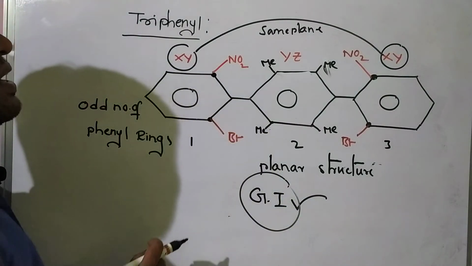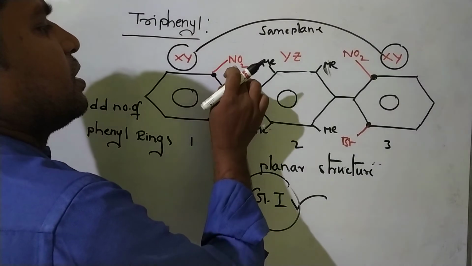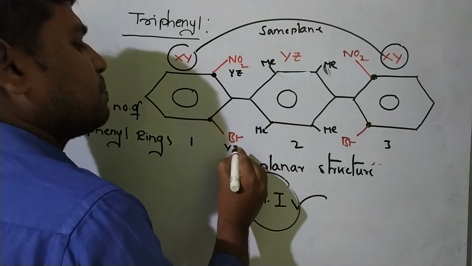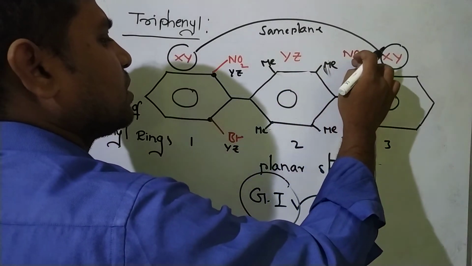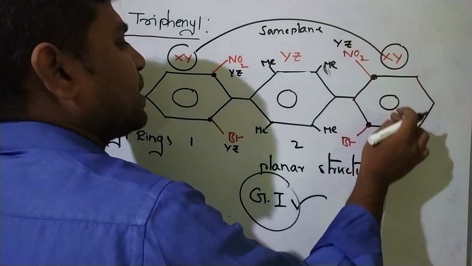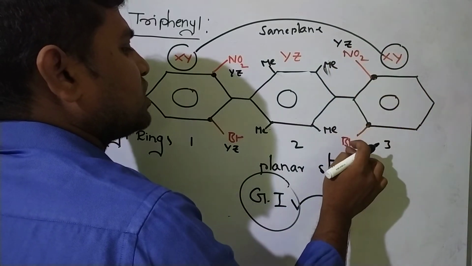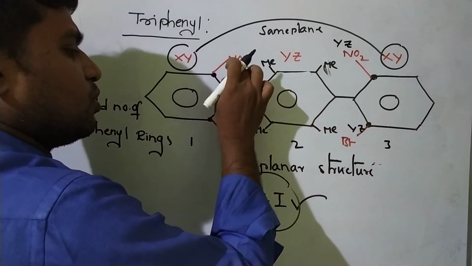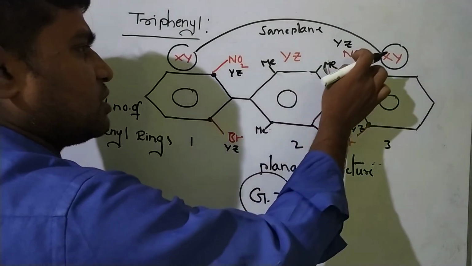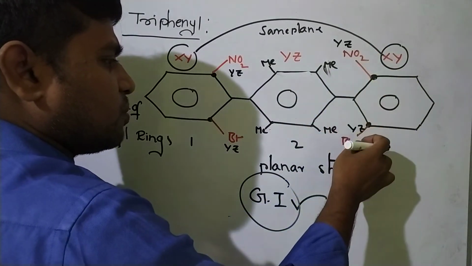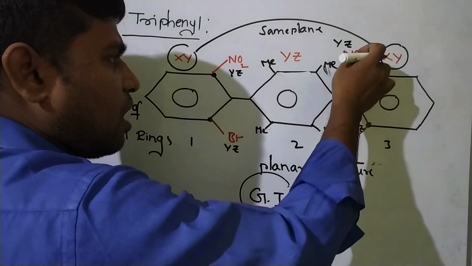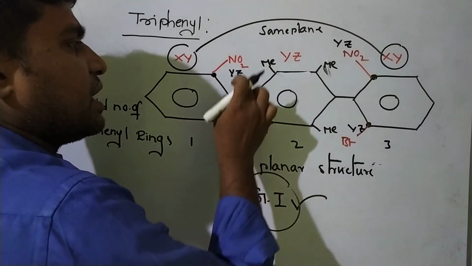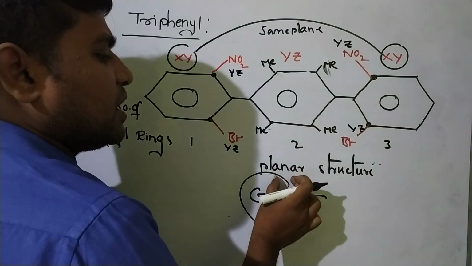And also, this NO2 is in the yz plane, this bromine is in the yz plane, this NO2 is in the yz plane, because the ring is in xy and this bromine is again in the yz plane. See students, these two ortho substituents and these two ortho substituents are in the same plane, yz. So the molecule is planar.